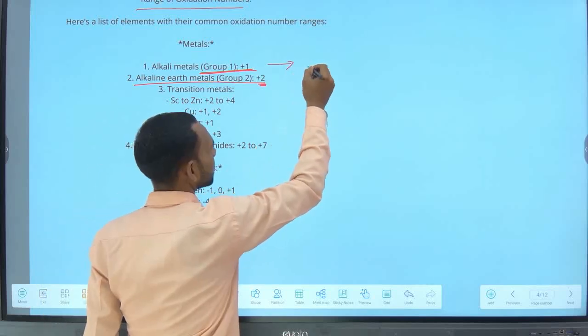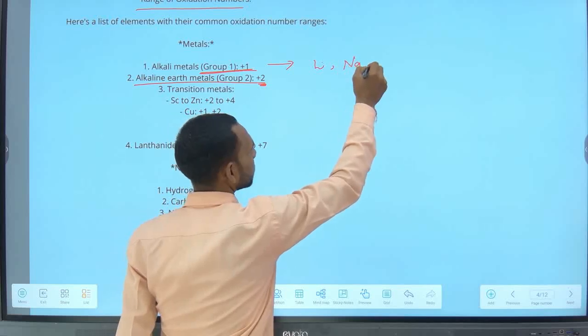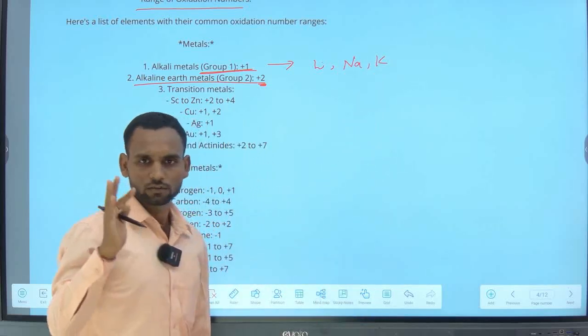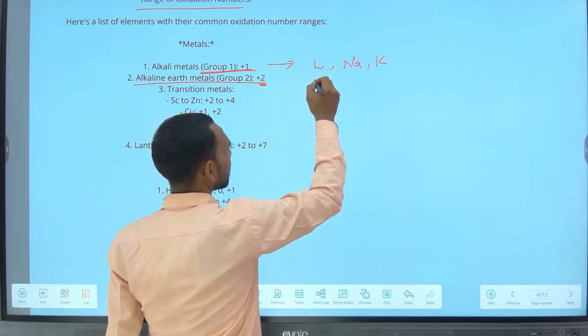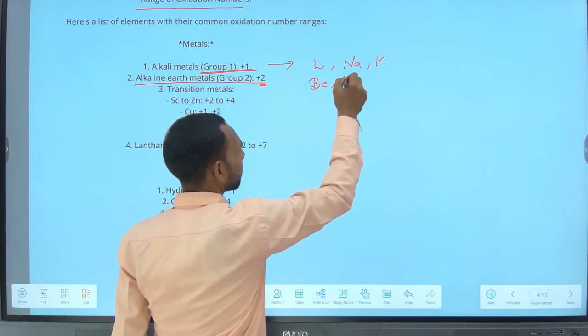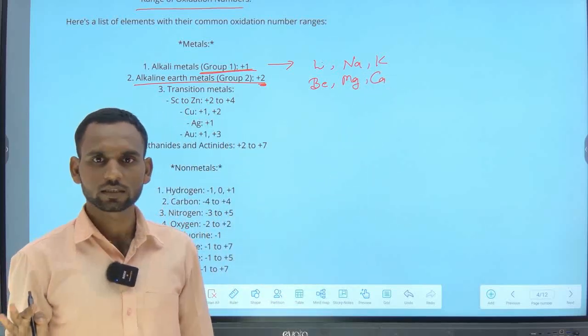Alkali metal examples: lithium, sodium, potassium. These have the +1 oxidation state. And alkaline earth metals: beryllium, magnesium, calcium. These have the +2 oxidation state.